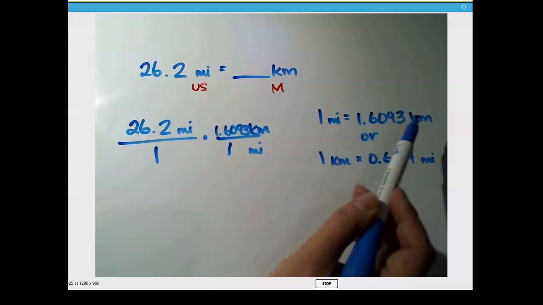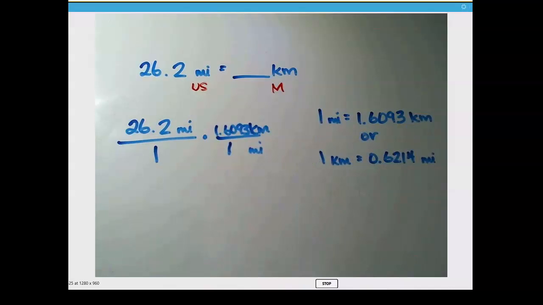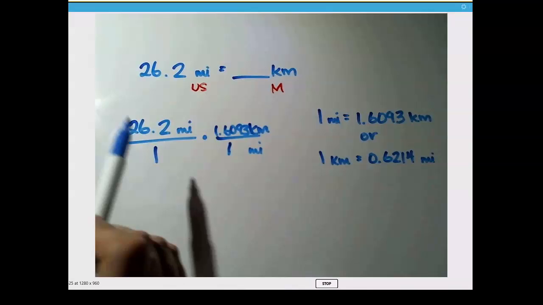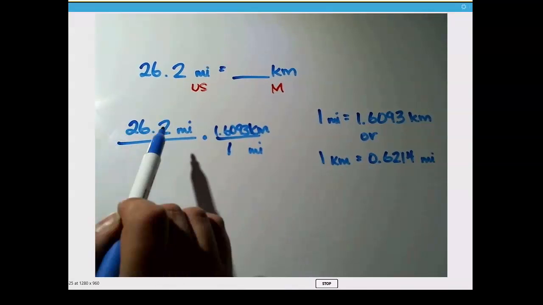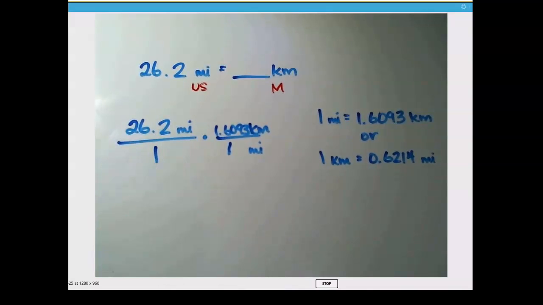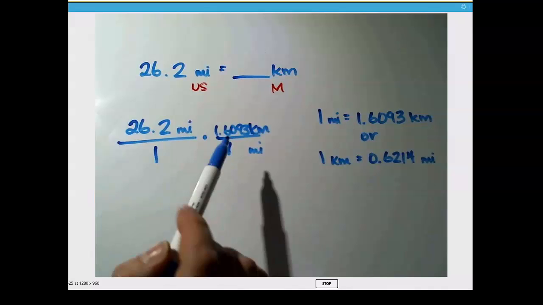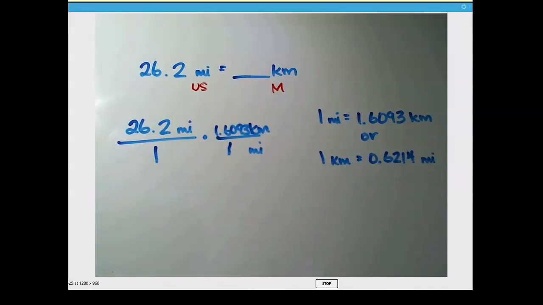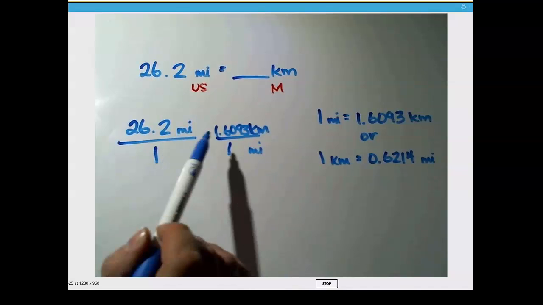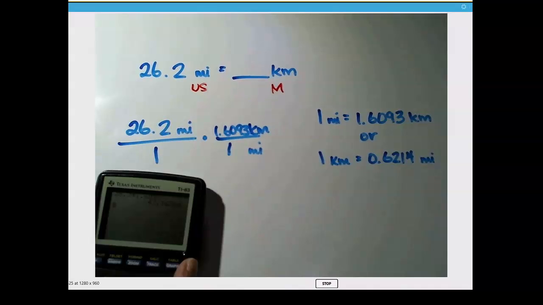And that's the first conversion just filled in. Next, I'm going straight across. So 26.2 times 1.6093. I got about 42.16.